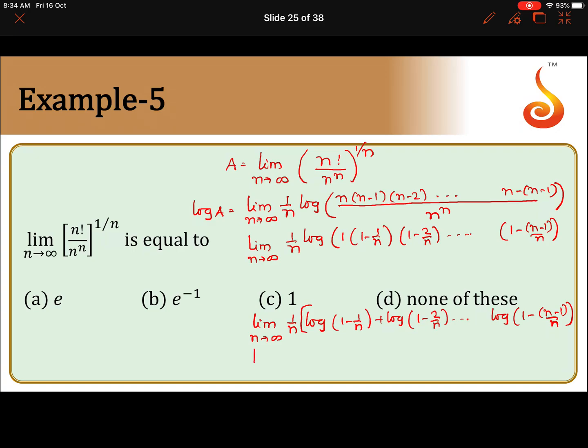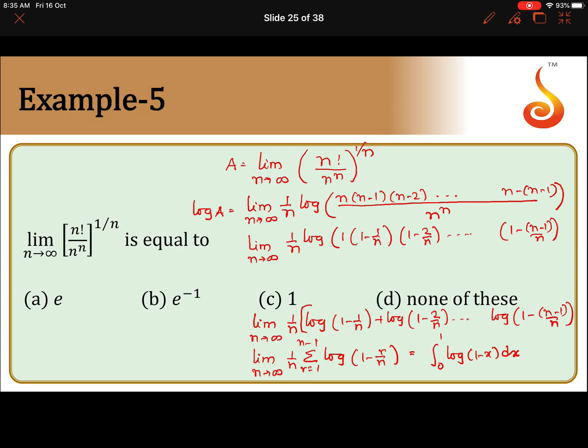So limit n tending to infinity 1 by n summation r equal to 1 to n minus 1, this can be written as log of 1 minus r by n. So this can be converted into integral as 0 to 1 log of 1 minus x dx.